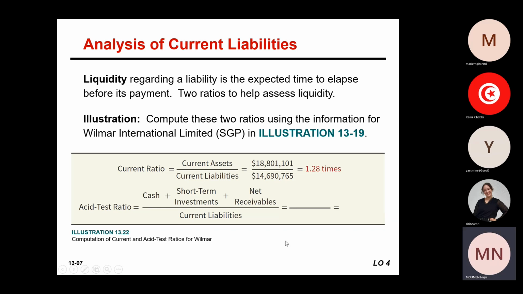Another ratio that is sharper in measuring liquidity is when we exclude the inventories from the current ratio. This is what we call the acid test ratio. It measures the ability to quickly convert current assets into cash or cash equivalents, so it takes the cash equivalent items within the current assets over the current liabilities.